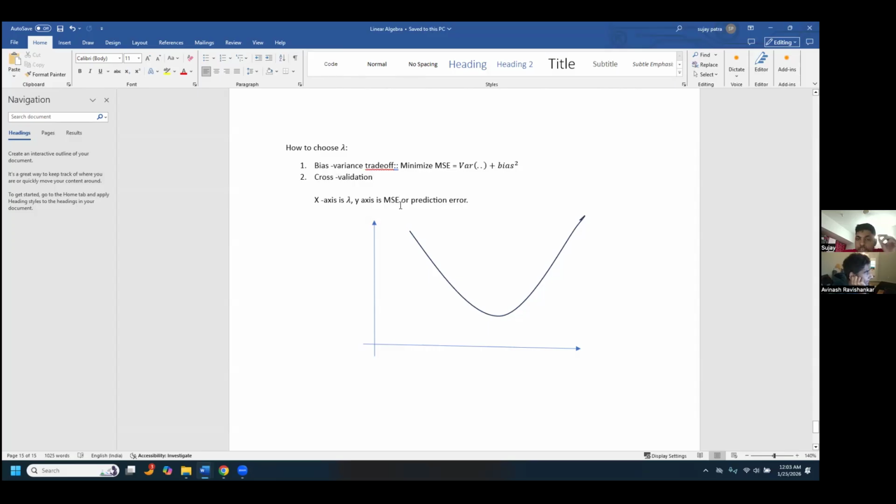It's a general tool, and you don't need any formula. For bias-variance to work, you need to derive the formula for bias and the formula for variance, which may not be easy for a complicated model. But cross-validation is a data-driven thing: you just run the model and see what numbers you get. Bias-variance trade-off is more like a theoretical way of deriving it. That makes sense.